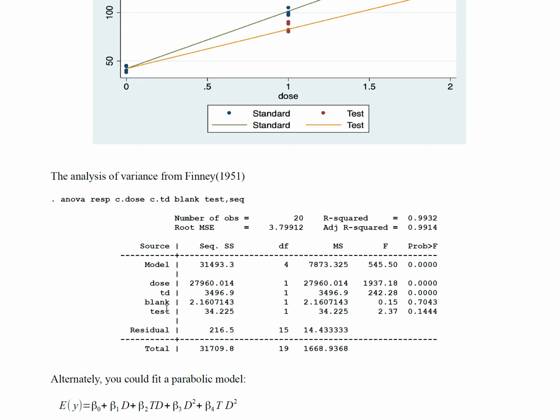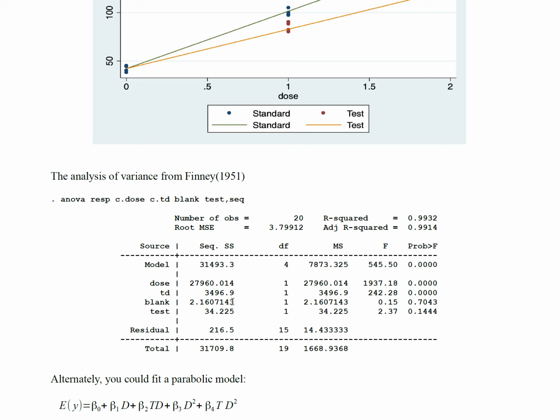And I'm going to refer you to Finney, either his papers or his books or other places. You can see that both of these tests of significance have very high p-values, and there's no evidence against the assumption of validity. Here is the issue: validity of this assay, or validity of the model that is assuming that the two lines emanate from a point.